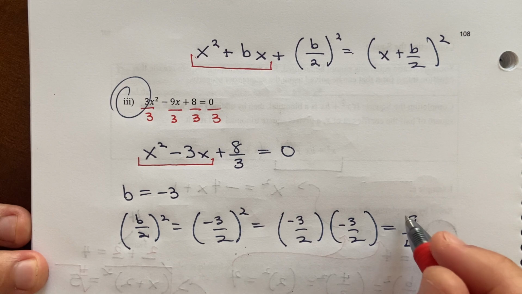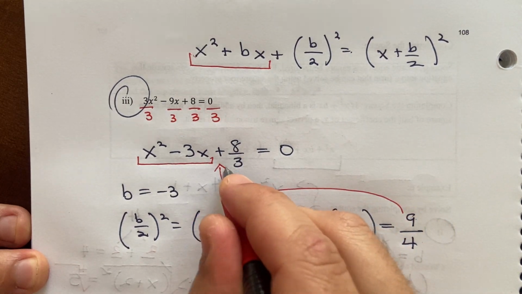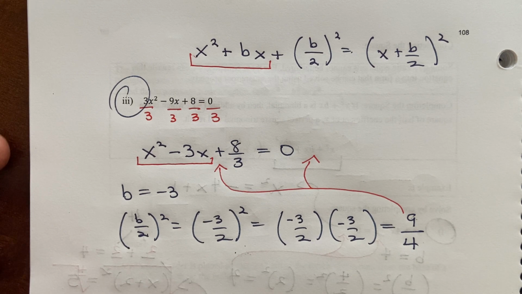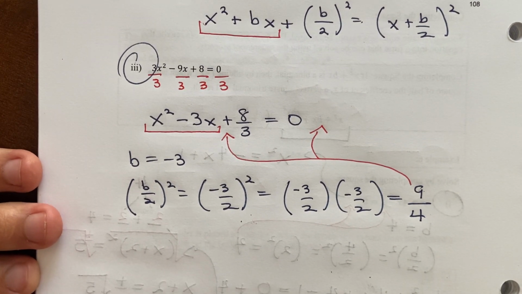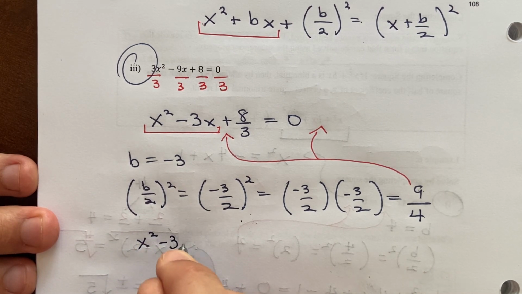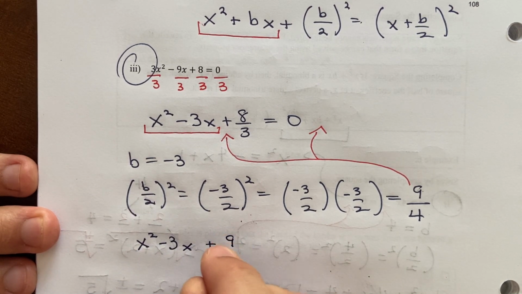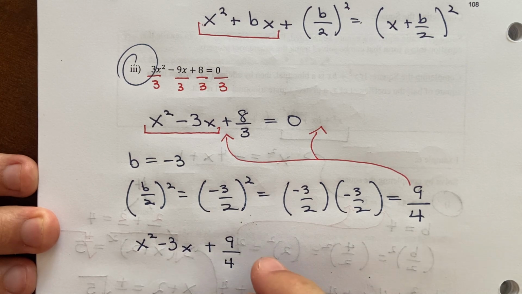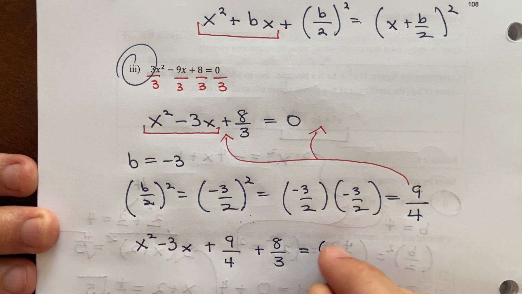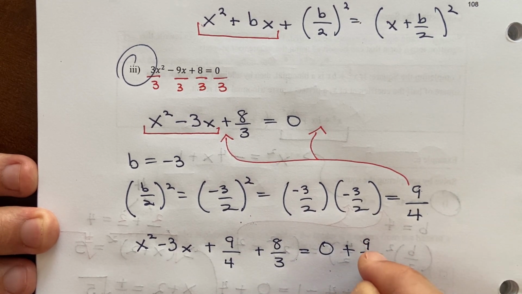So this is the number I will add right here, but also over here. Okay, so x squared minus 3x plus 9/4 plus 8/3, right? I'm just kind of scooting the 8/3 over, equals 0 plus 9/4.